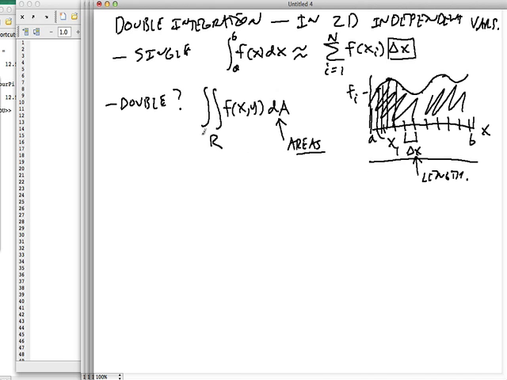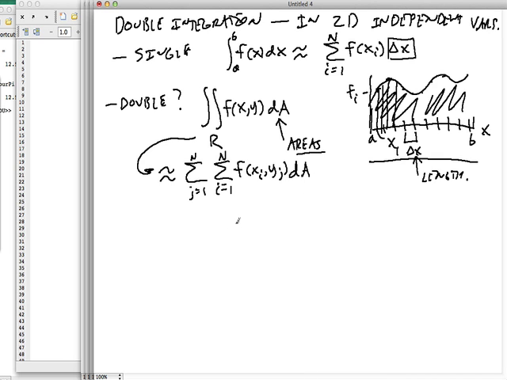The double integral is approximately equal to a double sum of f of x sub i, y sub j, where i is summed from 1 to n for the x variables and j from 1 to n, times dA, these tiny areas.